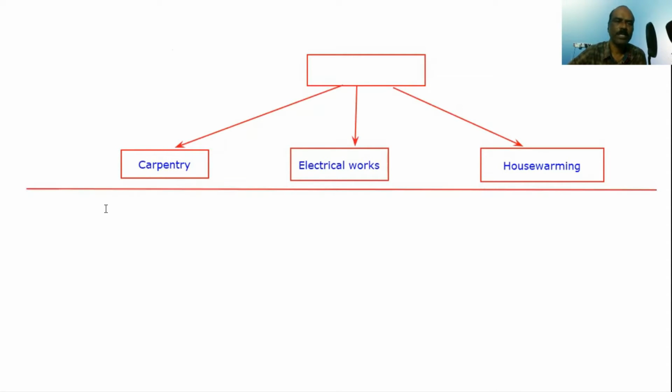Now, let's say what are the things I need to do in carpentry? Maybe I need to install a wardrobe for bedroom one. Right? That could be one of the activities I'm looking at. Maybe I need to install a wardrobe for bedroom 2. I need to install kitchen cabinet.